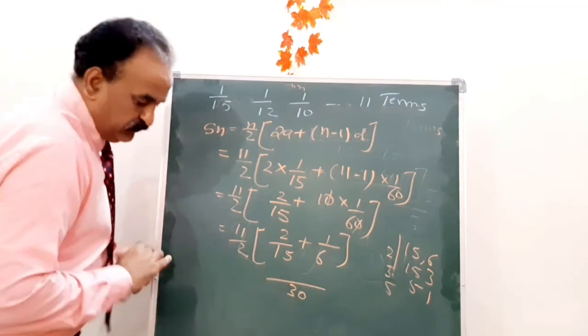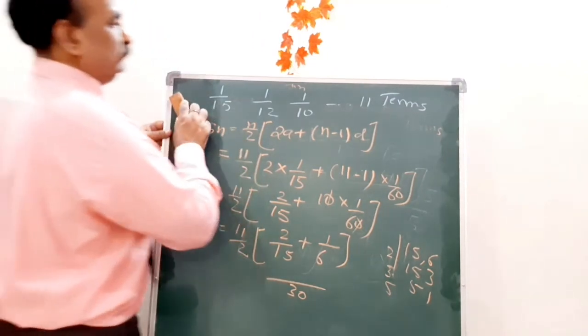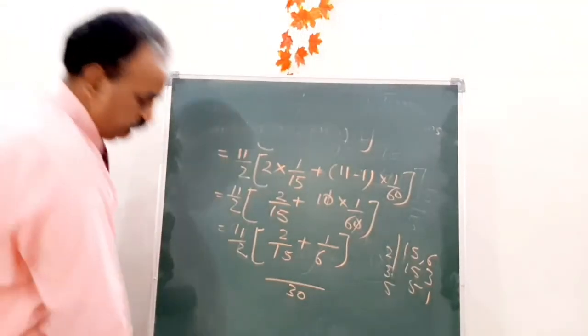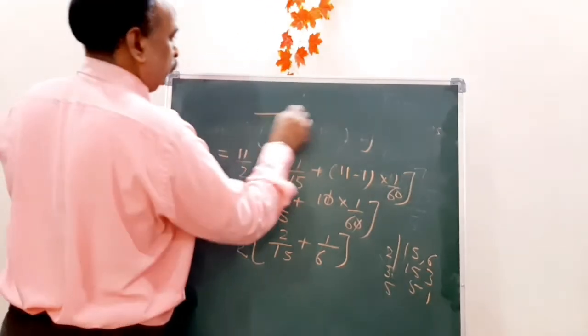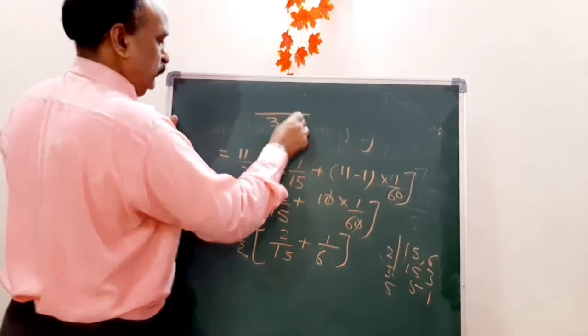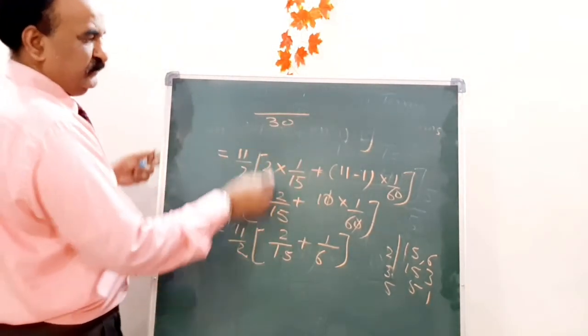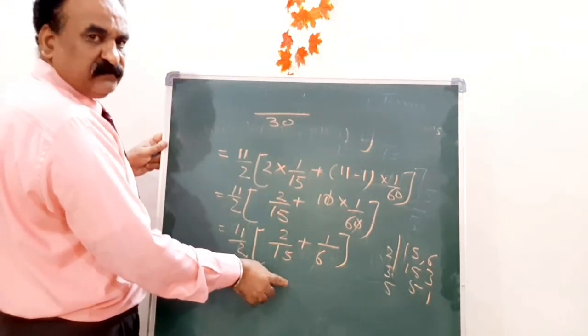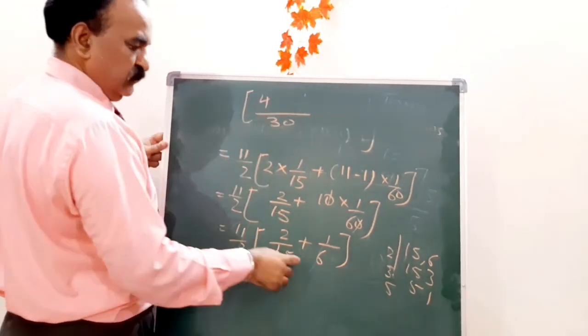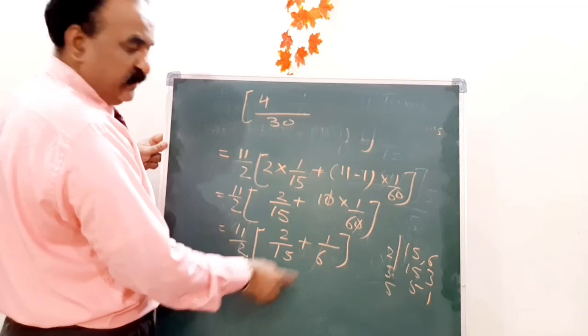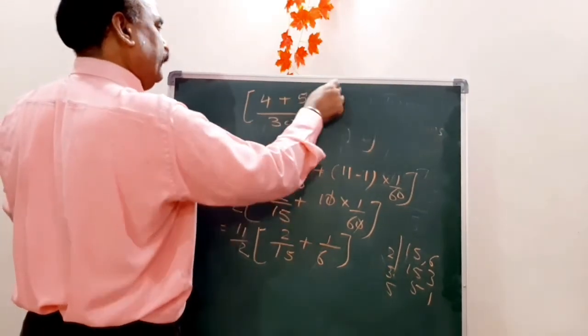So 15 divides 30, you will get 2. 2 into 2, 4. 6 divides 30, 5. 5 into 1 is 5.